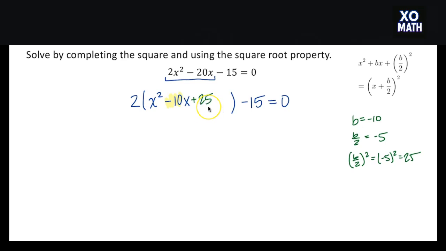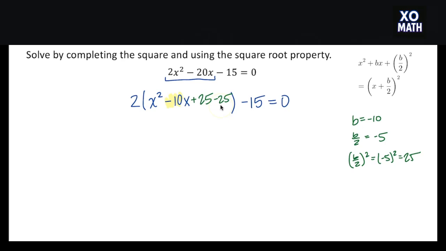But I just randomly added a number to an equation, and that changes the equation. So I can't just randomly add 25 without balancing things out. I'm also going to subtract 25 right after I added 25, inside the parentheses, because now it's like I've added 0.